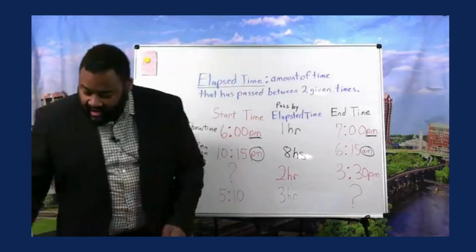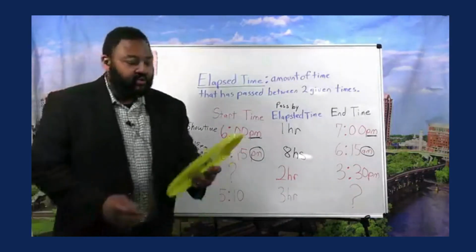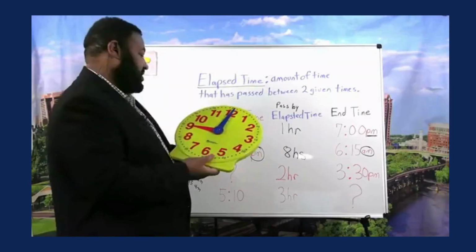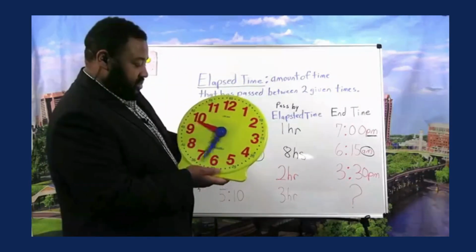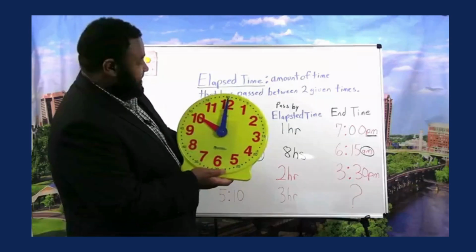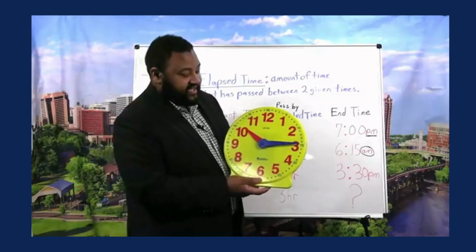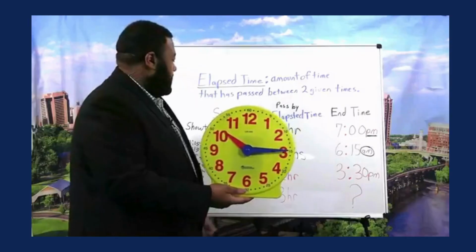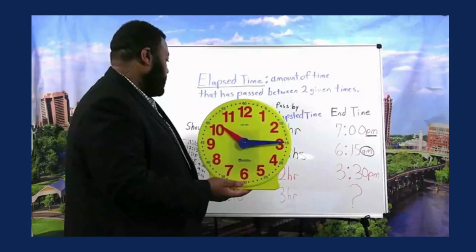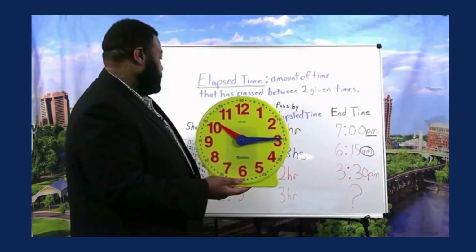All right. I'm going to do that same problem, but I'm going to prove it with my clock right here. That's 10, and that's now 10:15. And I want to go to 6:15.